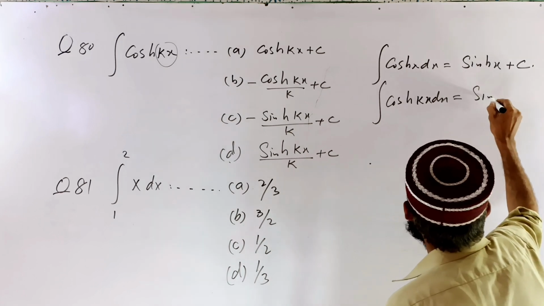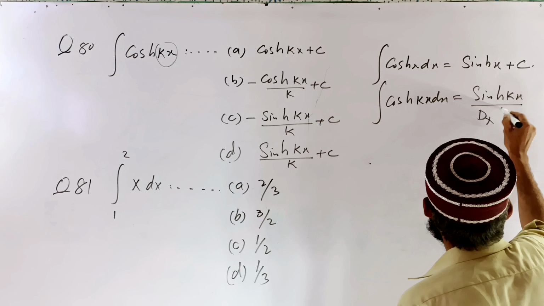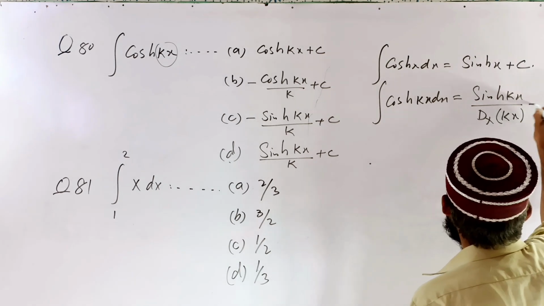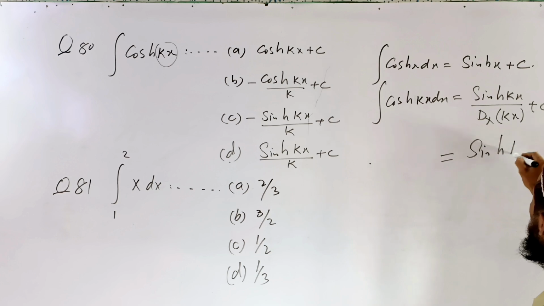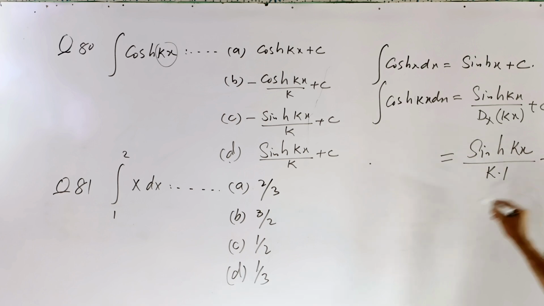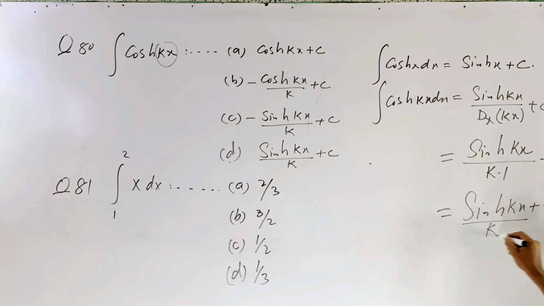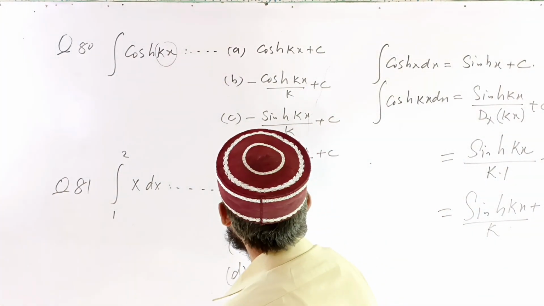We use the same formula, kx and the further derivative of kx plus c. So we get sin hyperbolic kx and the further derivative is equal to 1 by k into 1 plus c. So we get sin hyperbolic kx plus c divided by k. We get the answer here. D is the correct option.